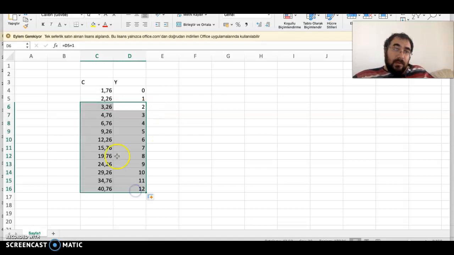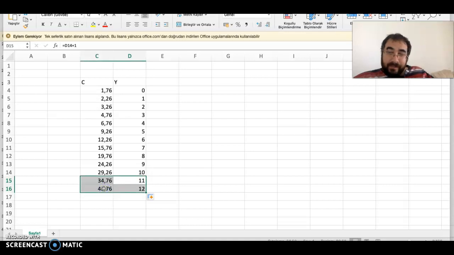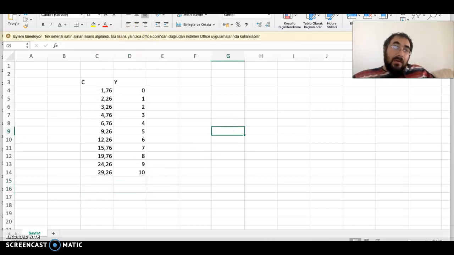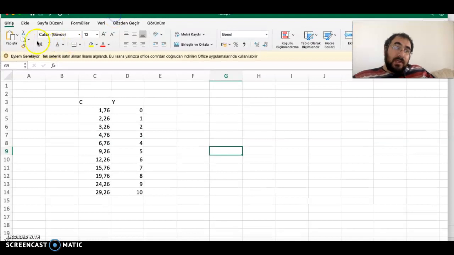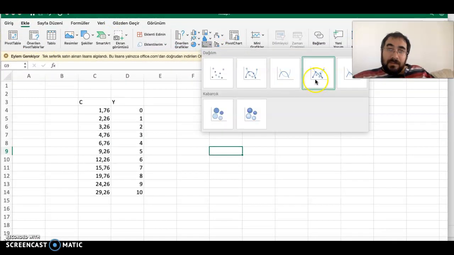You can go down. Actually, I think I have a mistake. No, I don't have a mistake here. Okay, you can see this. Let's do it for all the way up to 20. Well, let's keep it at 10. Now, what we need to do is we need to have a scatter plot.